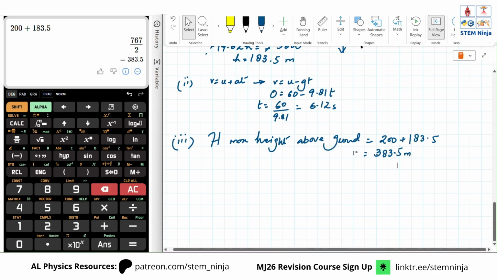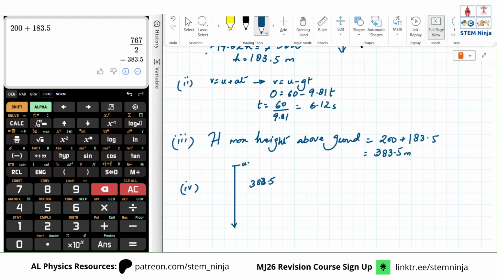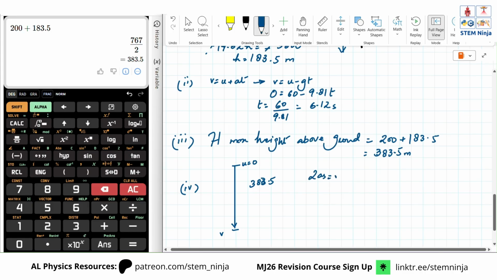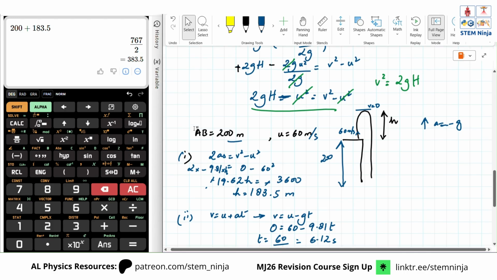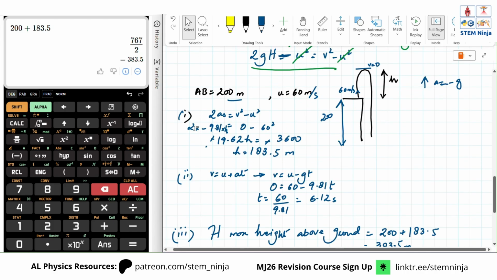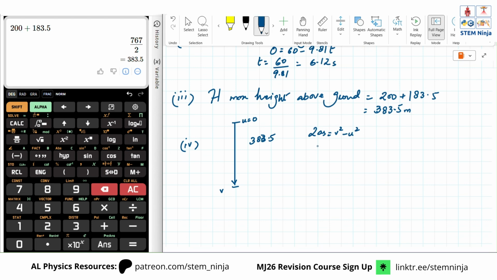Now to find out the final velocity just before it hits the ground. Remember, we had two methods of doing that. We can use this height falling. At the maximum height, initial velocity is 0, final velocity we need to figure out. So we can use 2as equals v squared minus u squared. Oh, we did not use the time of flight. Okay, we will do this over here then.